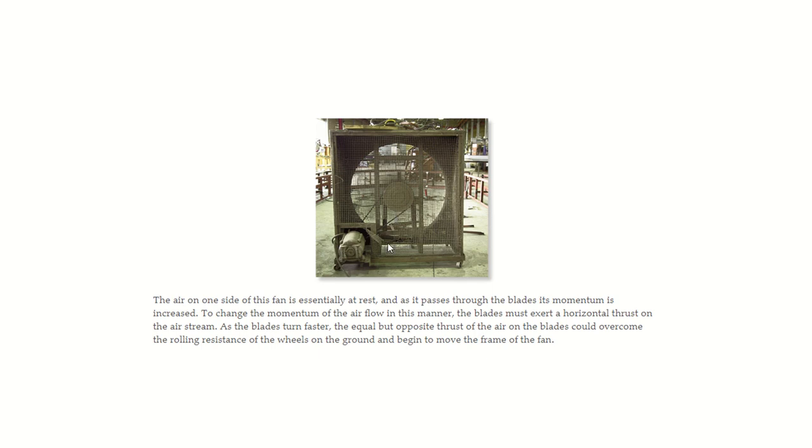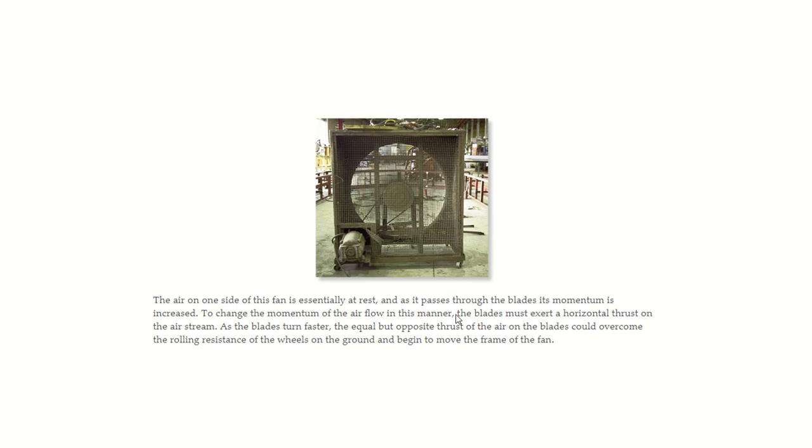You have a change in momentum when the air passes through that. When the blades of that fan turn faster, you're also going to have the resistance. That comes from your air, the opposite thrust, by the way, of the air on the blades. It's going to overcome the rolling resistance of the wheels on the ground.